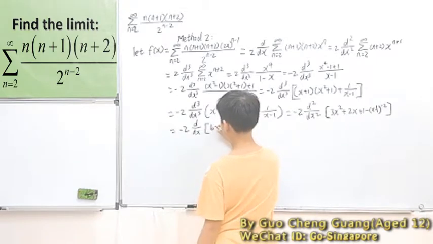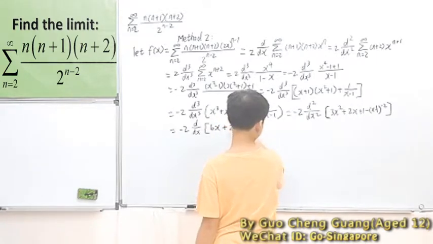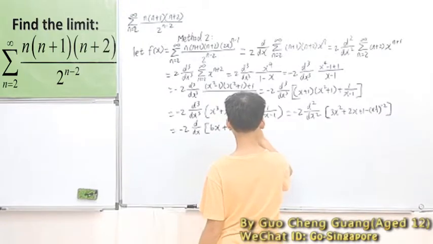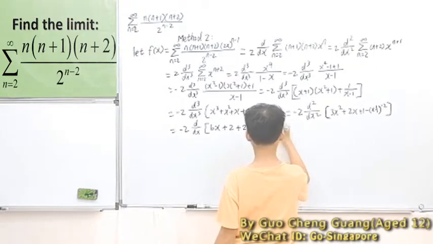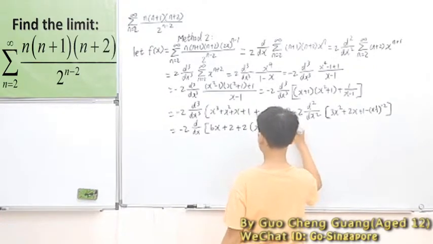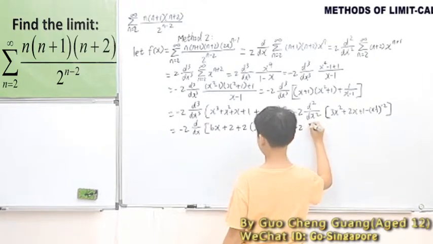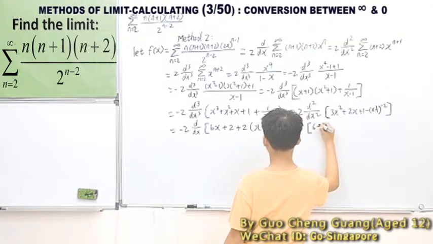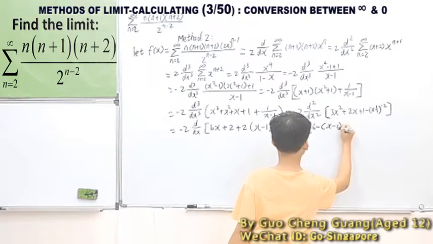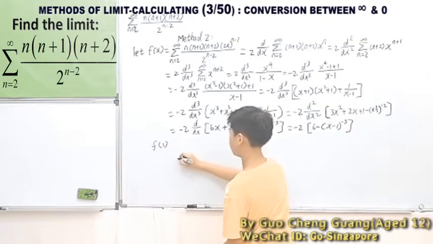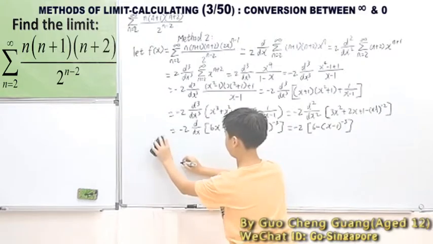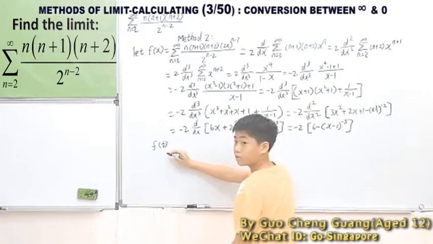Delta here, 6x plus 2. Now sub in 1, no, half. So you have to be careful of what to sub in.